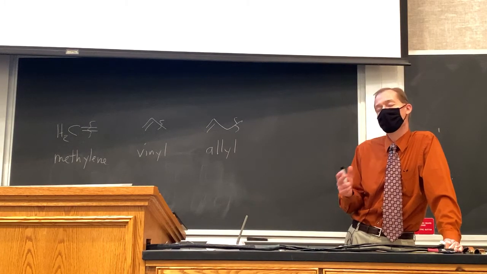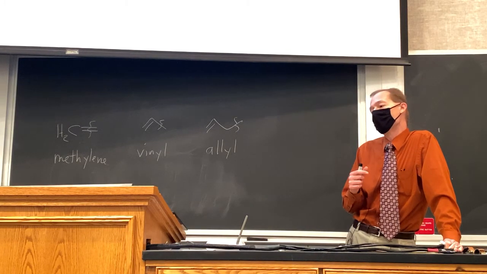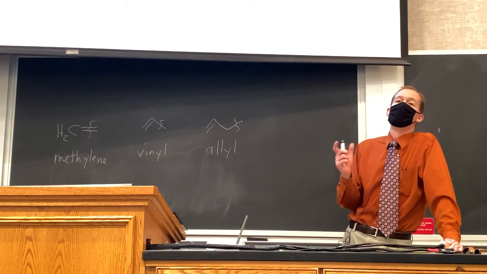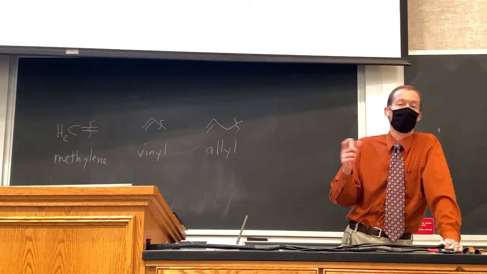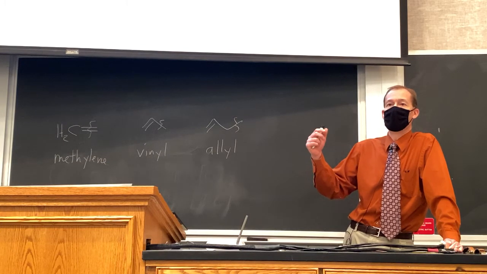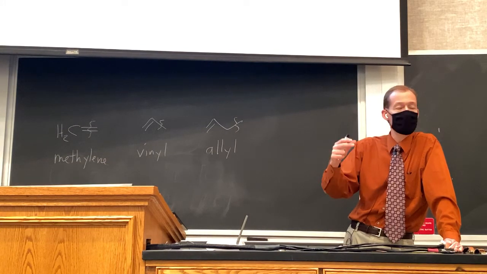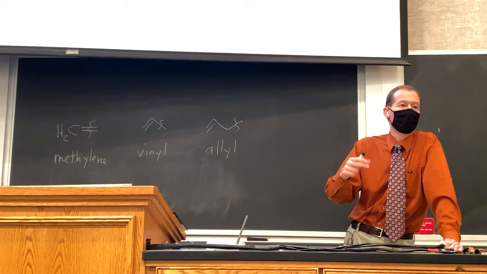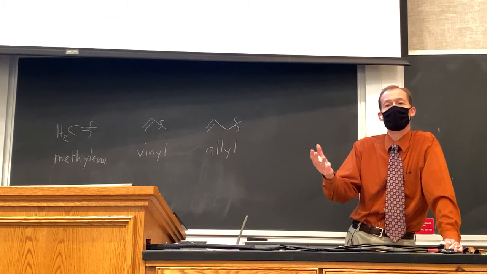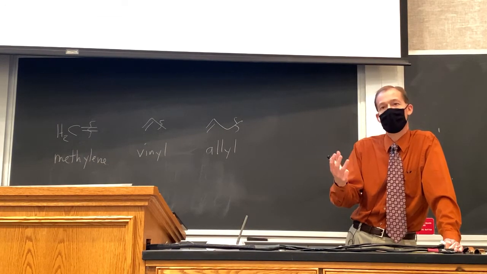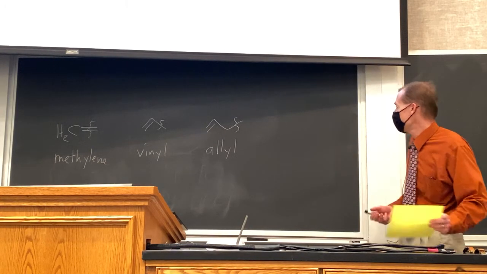We talked about this in chapter 8 when we were talking about more substituted alkenes being more stable, about how alkyl groups can donate electrons to those sp2 hybridized carbons. That higher percent s character means they attract electrons more strongly.